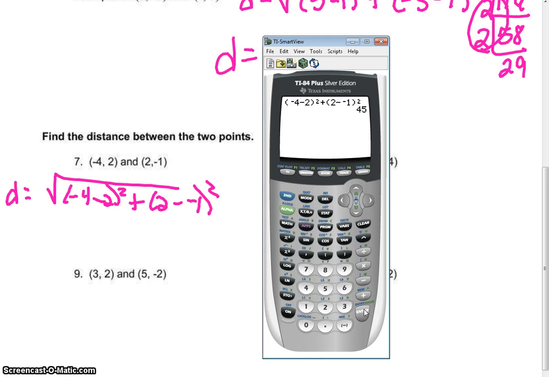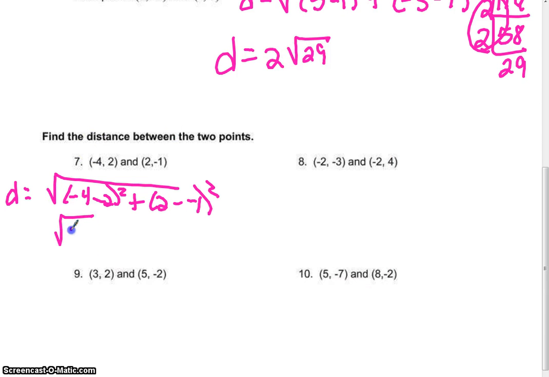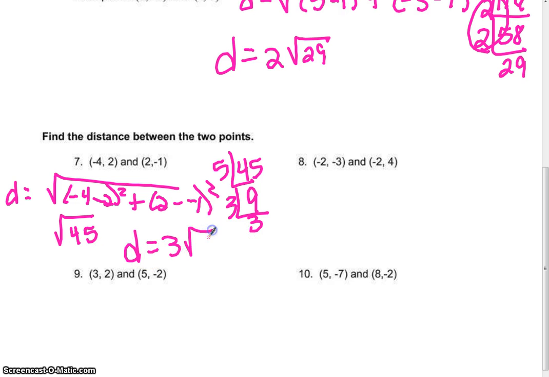So it's going to be the square root of 45. You want to bring your 45 over. It divides by 5. 9. We got 3 and 3. So it's actually d is equal to 3 square root of 5.